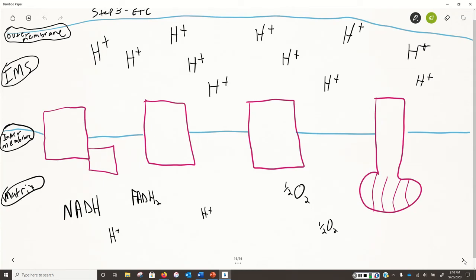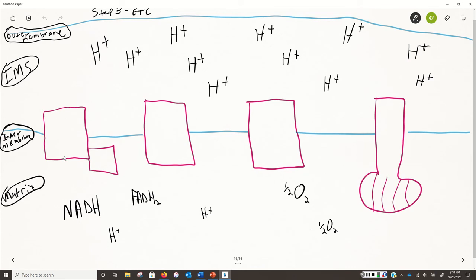And let me explain before we get going exactly what I've drawn here. This blue line across the middle of the screen represents that inner mitochondrial membrane. This is the one that's folded up into those cristae. Below the blue line is the mitochondrial matrix where those last couple of reactions took place.